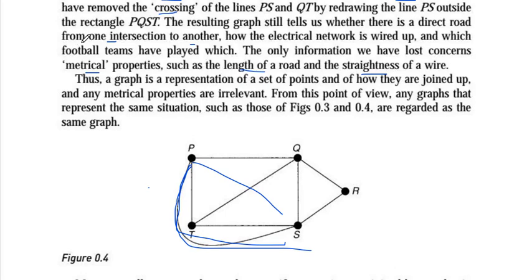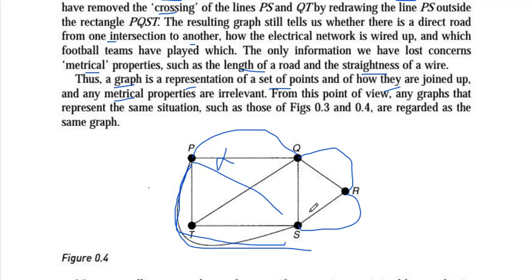But the graph is the representation of a set of points and how they are joined. Any metrical property is irrelevant. Even if this joint is connected like this between P and Q, it still represents the same graph.